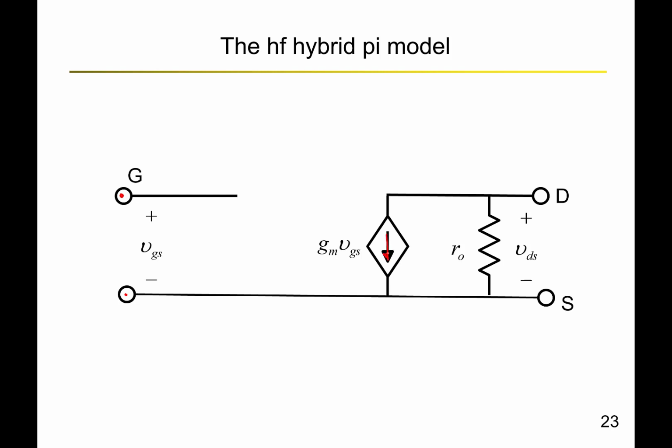So this is the low frequency model which does not include the capacitors. Now we have to add two capacitors from the gate node, one to the source and one to the drain. First the CGS, gate to source capacitance, and next the CGD, or gate to drain capacitance. This gives us a complete high frequency model of the MOS transistor, and it's valid for both NMOS as well as PMOS.